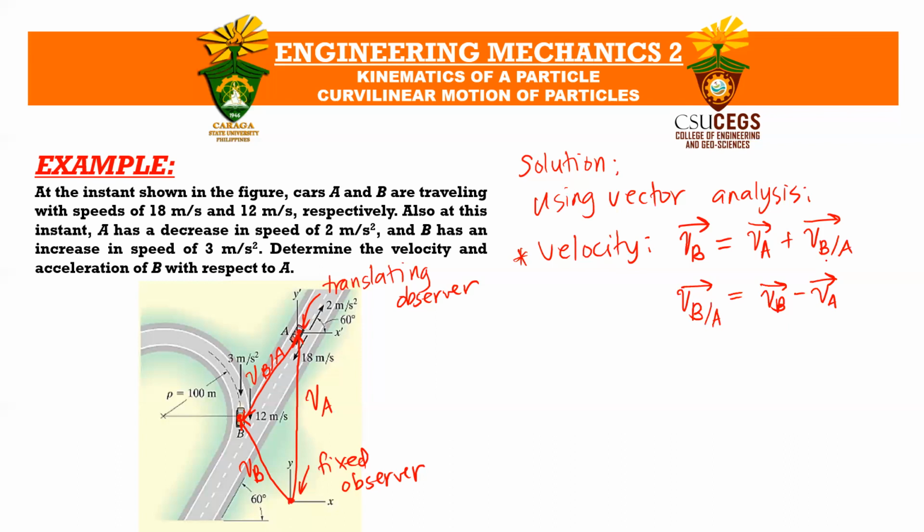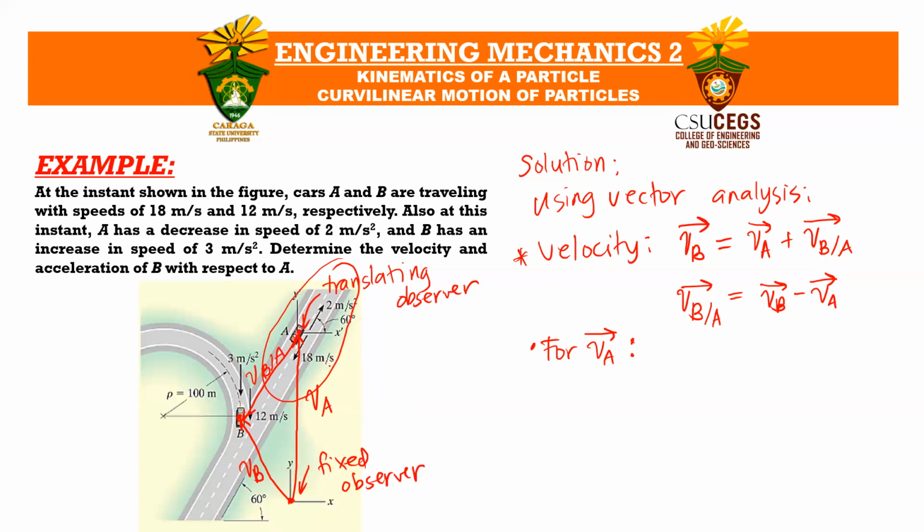So we need to determine what would be the vector form of your v of B, or velocity of B, and velocity of A. So let us determine first the vector form for your v of A. So from the figure, since it is moving along this road, which is slanted, you can observe that the velocity of A will have two components, acting along X and acting along Y.